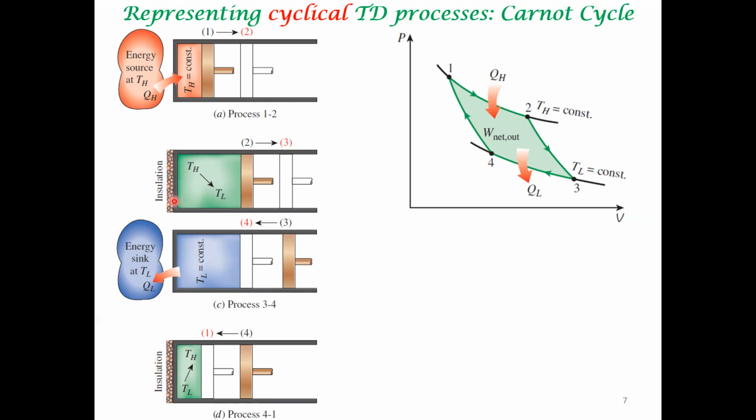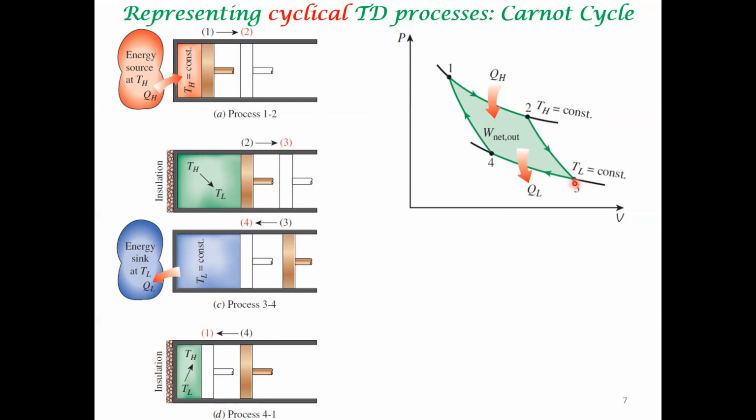Here in this process, we are insulating this piston, and what we have is an adiabatic expansion. Because of adiabatic expansion, the temperature decreases from TH to TL. Here TH is the temperature of the high temperature reservoir and TL is the temperature of the low temperature reservoir.